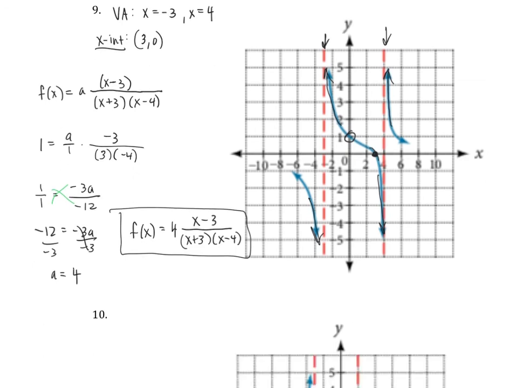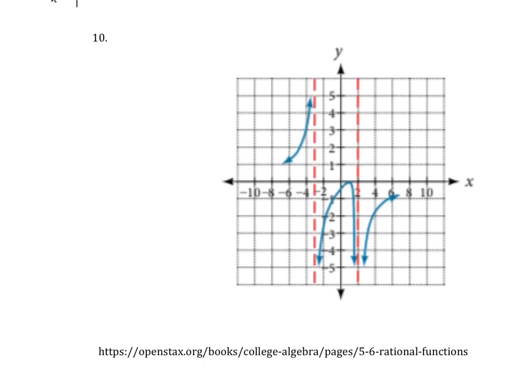Now we want to look at the next one, and this is the last one for this section. So same thing. We want to look for the vertical asymptotes. So here the vertical asymptote is x equals -3. And here the asymptote is x equals 2. We want to look at how it's behaving around the asymptote.